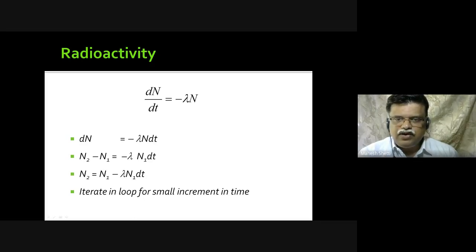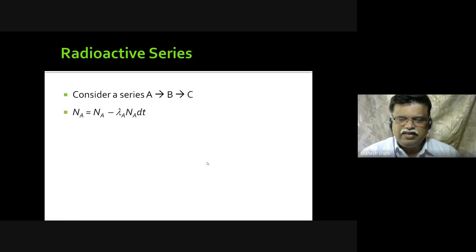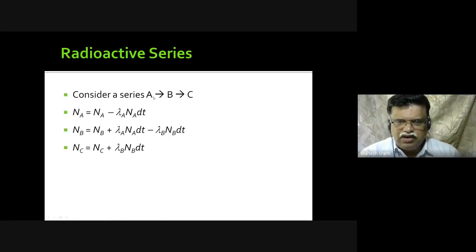Now, this we had considered. This will be given as one of the assignments, that if you have A disintegrating into B, B disintegrating into C, and even a larger series. We saw some of the features here.